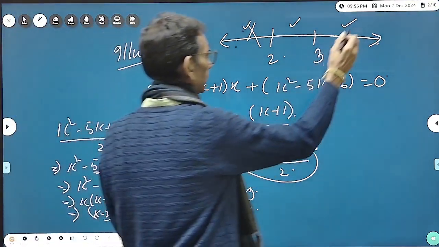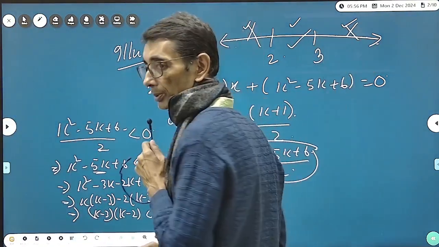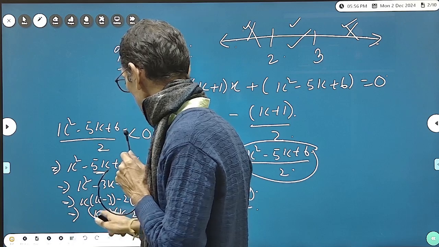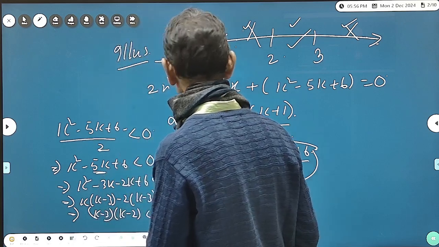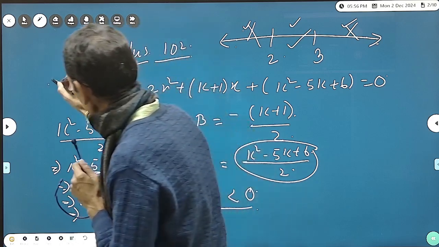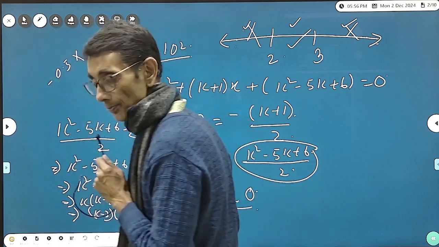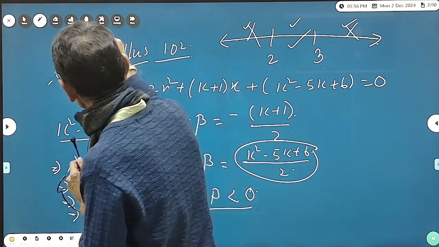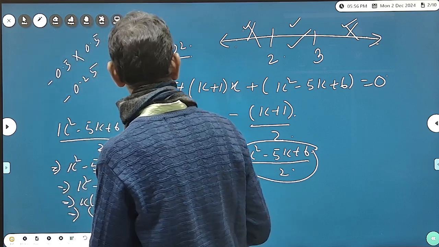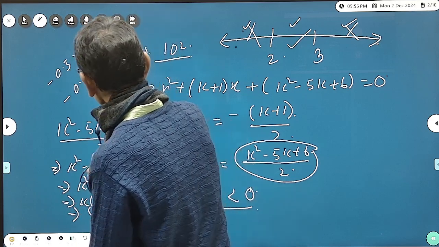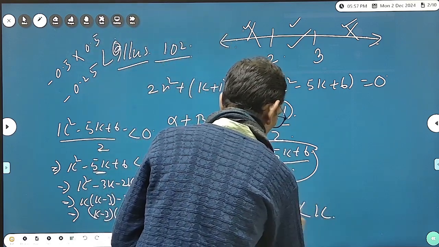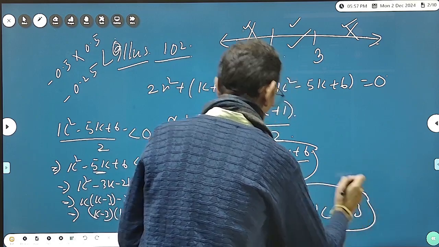So the answer is not there either, which means without doing anything we know that k lies between 2 and 3. Just take a number between 2 and 3, say 2.5. 2.5 minus 3 is minus 0.5, into 2.5 minus 2 is 0.5, so it is equal to minus 0.25, which is obviously less than 0. Therefore k lies between 2 and 3, right?